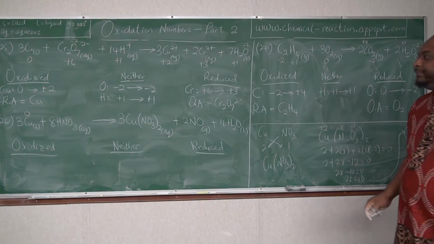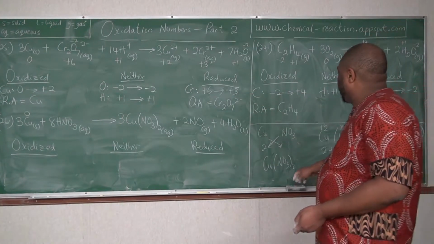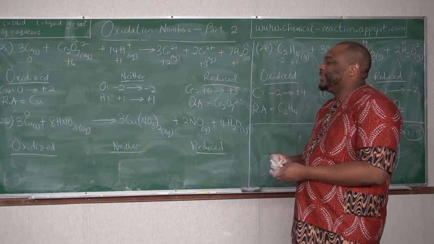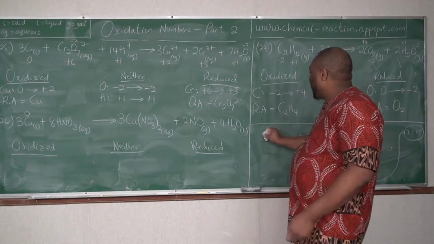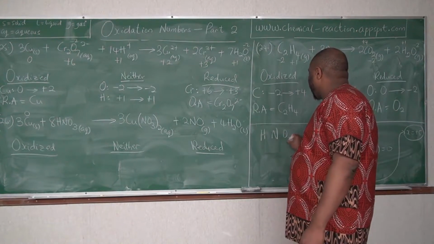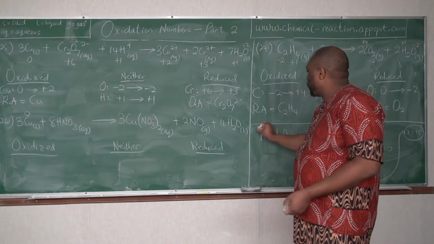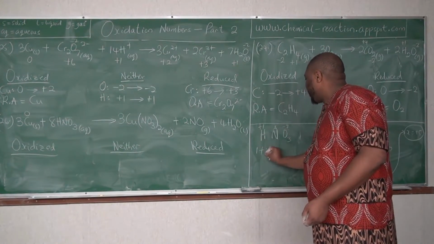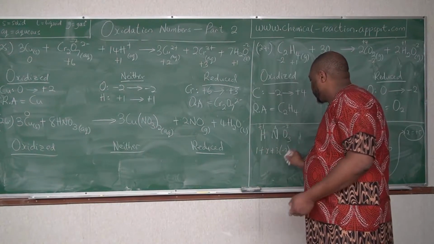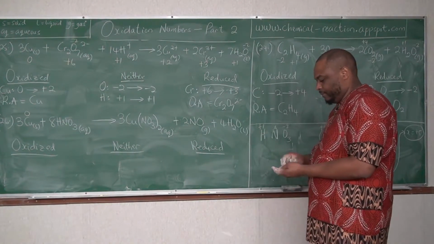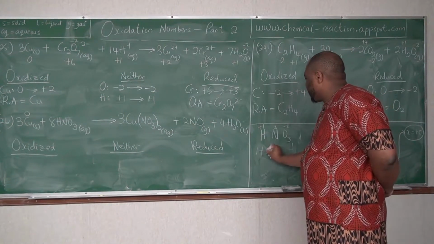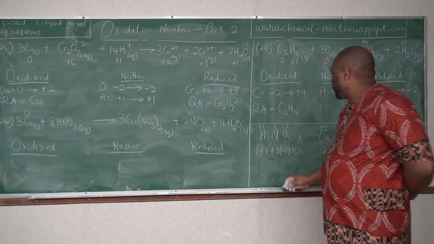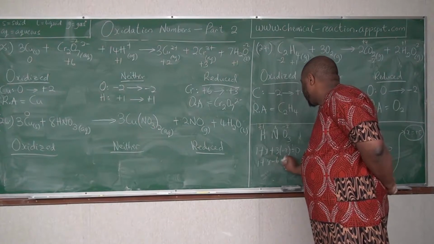So this is still copper nitrate. And if you do that for hydrogen, the nitric acid, the common name, trioxonitrate 5 acid: hydrogen is plus 1, N is X, O is minus 2. So 1 plus X plus 3 times minus 2 equals 0. 1 plus X minus 6 is 0.